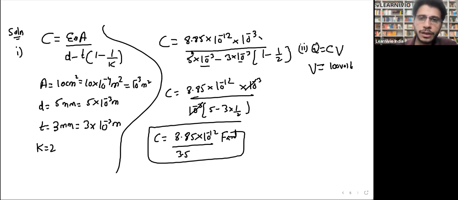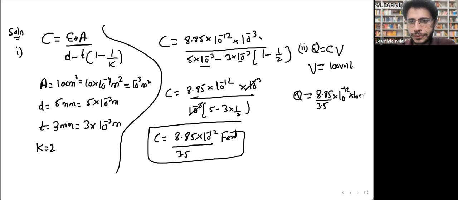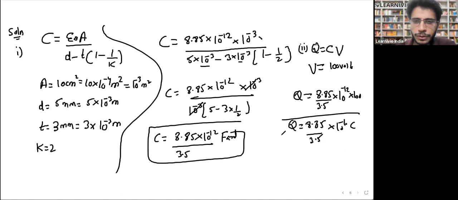When we substitute values here, then Q is 8.85 divided by 3.5 into 10 raised to minus 12 into 100. So we get Q is 8.85 divided by 3.5 into 10 raised to the power minus 12. That's the charge.